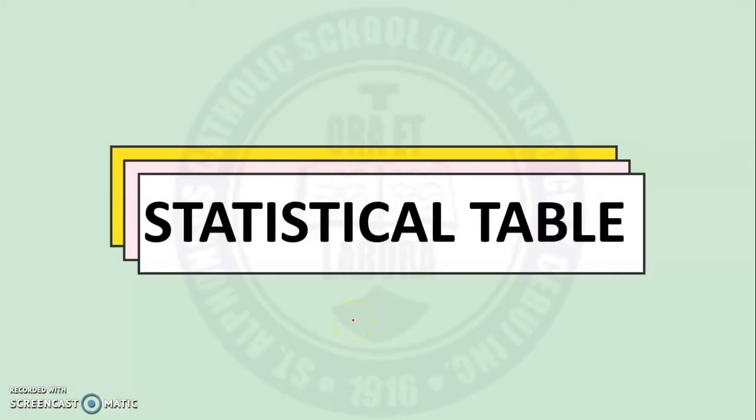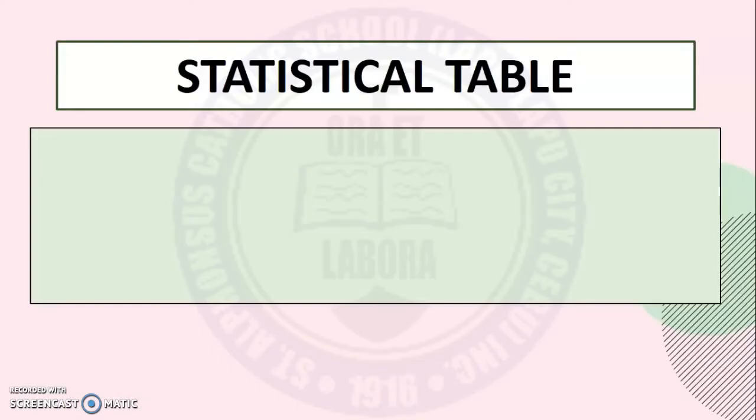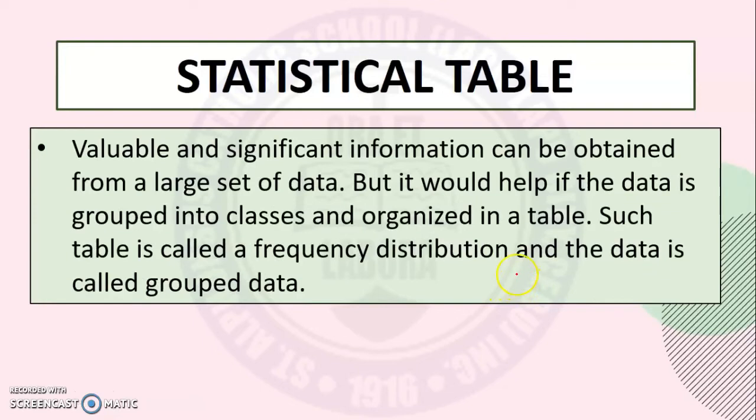Now, we already know that tabular method is one of the methods of organizing and presenting data. But when can we use this method? Valuable and significant information can be obtained from a large set of data, but it would help if the data is grouped into classes and organized in a table.